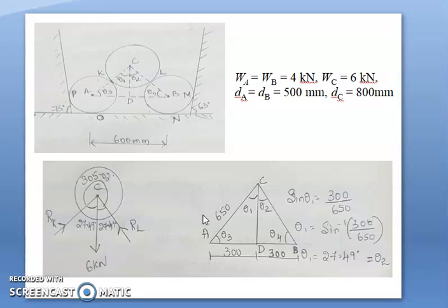600 mm is already given, and diameter of A and diameter of B is the same, dA equal to dB equal to 500 mm, but diameter of C is 800 mm.